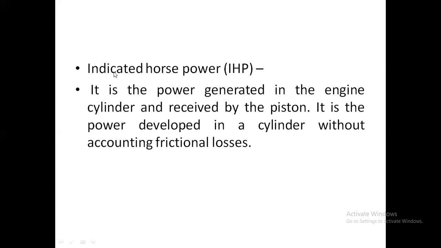Indicated horsepower is the actual power developed within the engine cylinder by combustion of the fuel, and received by the piston after the combustion of the fuel, or during the power stroke.